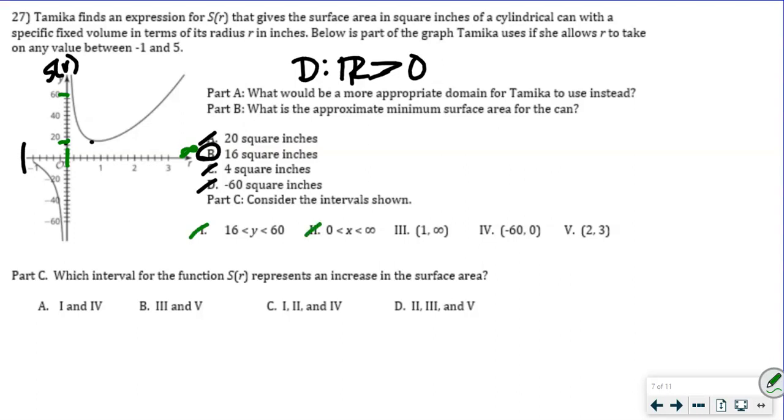And then from 1 to infinity, that's from here on, so that would be the graph from there to there. That's definitely increasing, so that's certainly one of them. And then we've got from -60 to 0.